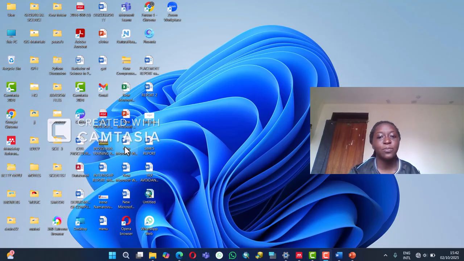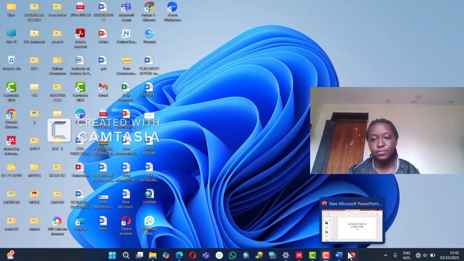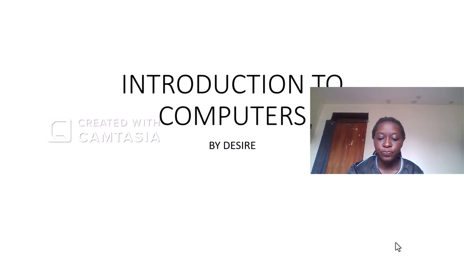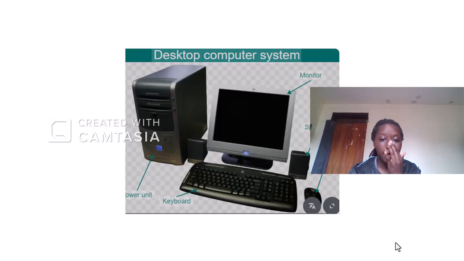So I'm going to talk about the different hardware components of a computer. We have very many different components. For the hardware, we have the central processing unit, and the memory, that is the RAM.